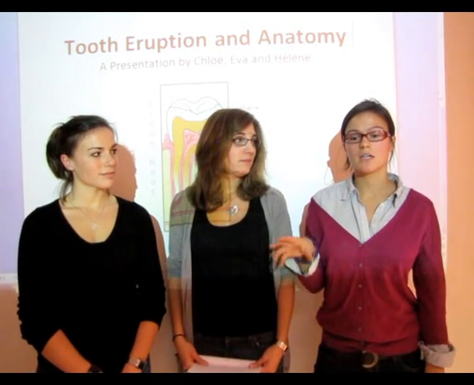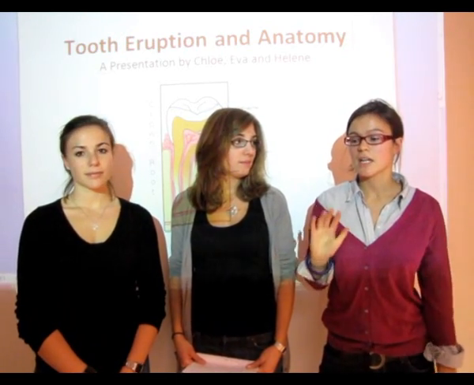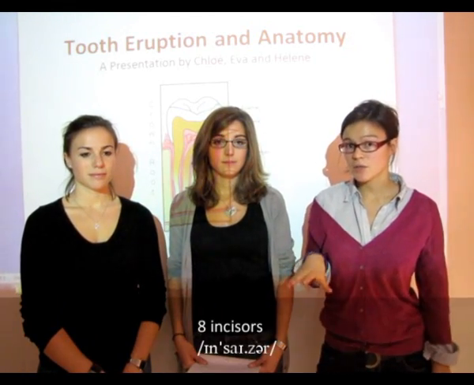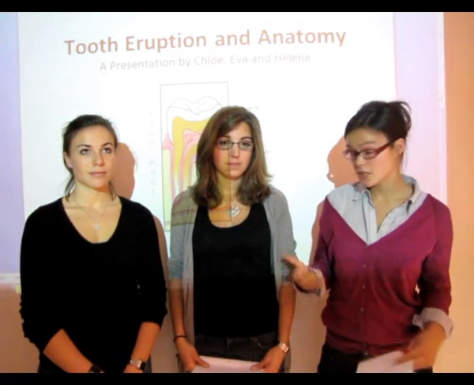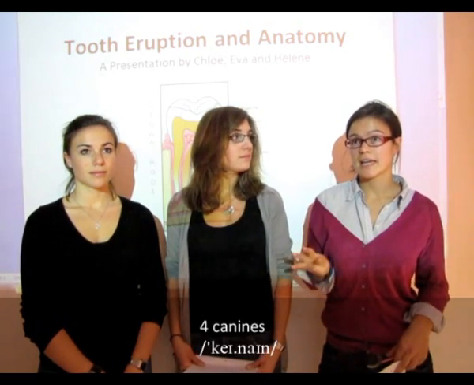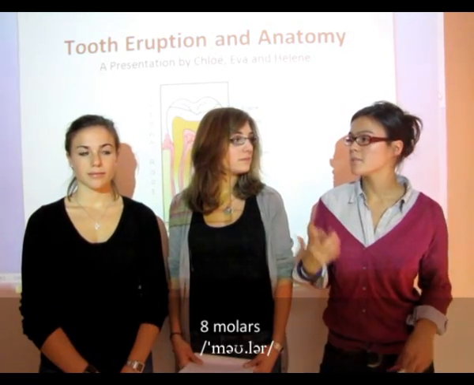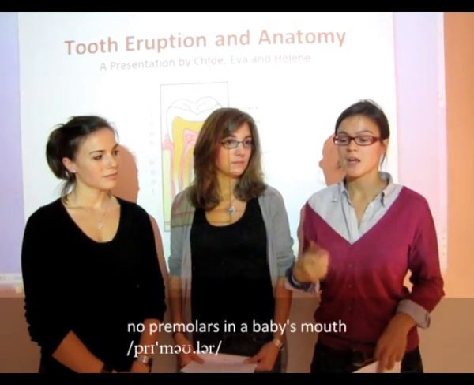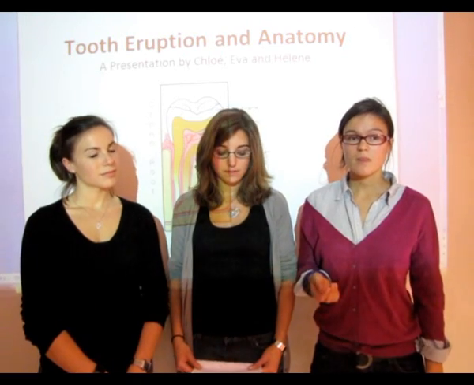So there are 20 teeth in a baby's mouth: 8 incisors which erupt first, 4 canines and 8 molars. So there aren't any premolars in a baby's mouth.